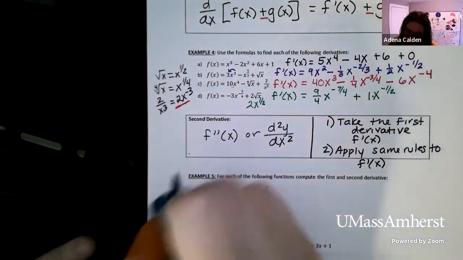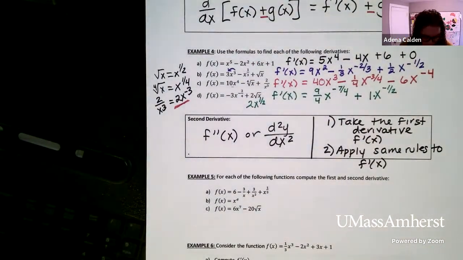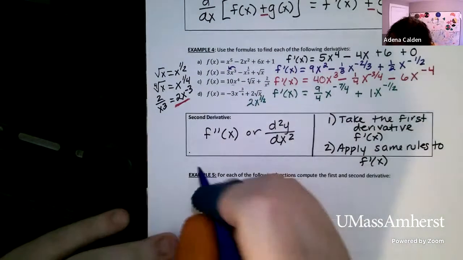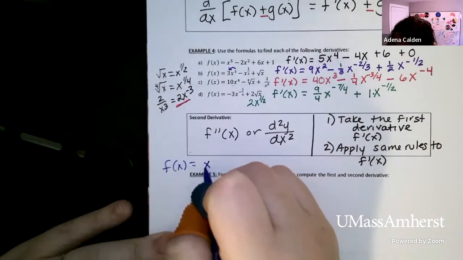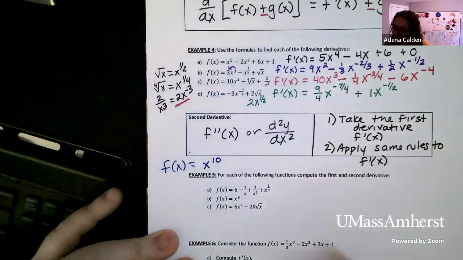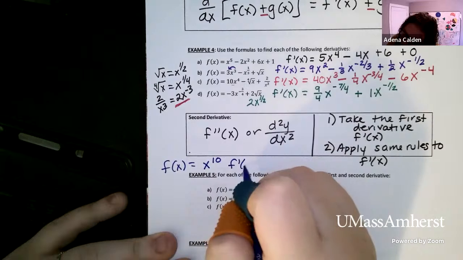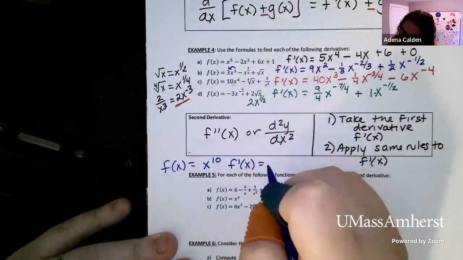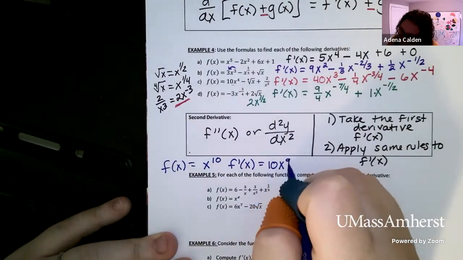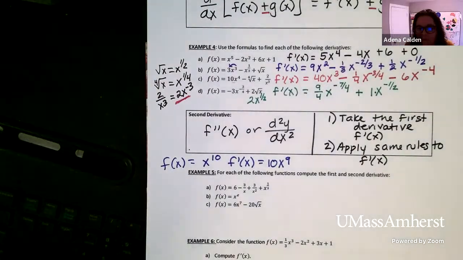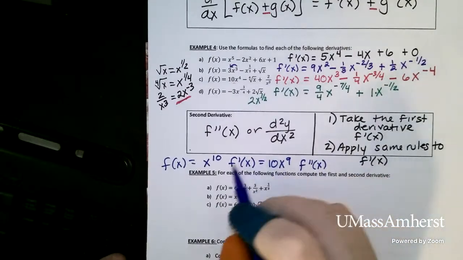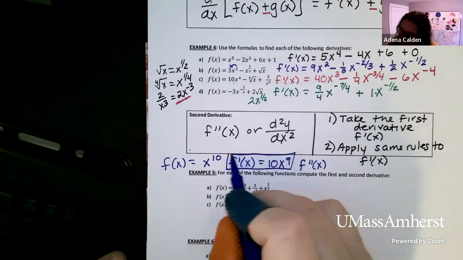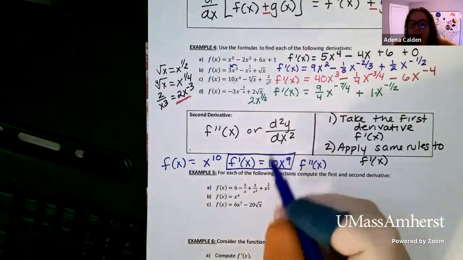Okay, so what does that mean? So let's say we started with the term f of x equals x to the 10th, right? What we know so far is that for the first derivative, the power comes down and we subtract 1 from the power, 10x to the 9. To get to the second derivative, we look at the first derivative and see what rule we need to use, and we apply it again.